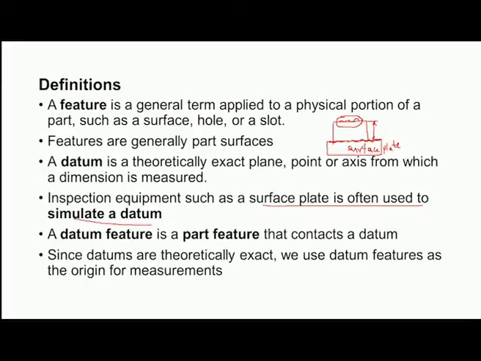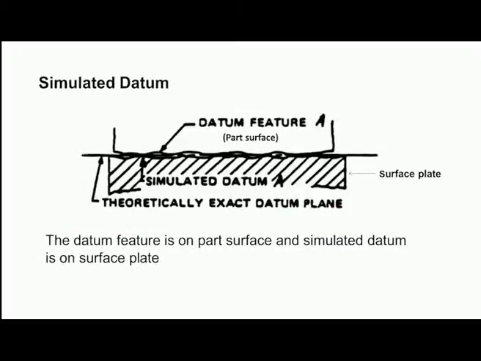Now, a datum feature is nothing but a part feature that contacts a datum. Since datums are theoretically exact, we use datum features as the origin for measurements. In this diagram we can see the surface plate, and there is a line which is a theoretical line, a theoretically exact datum plane.